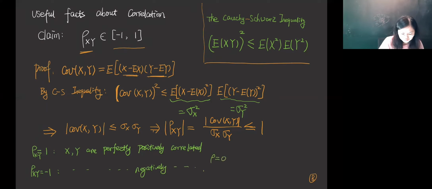If rho equals 0, then they are not correlated. They are uncorrelated. And the value of rho can give us a summarizing idea of how X and Y are dependent, even though it doesn't give us the whole picture of the dependence between X and Y, which is captured by the joint distribution.